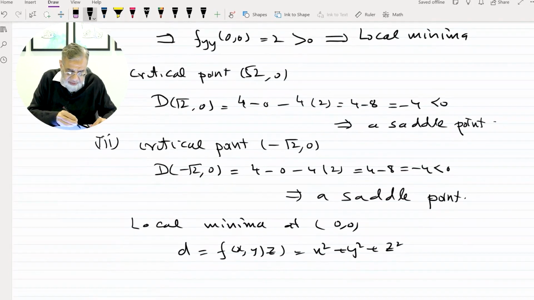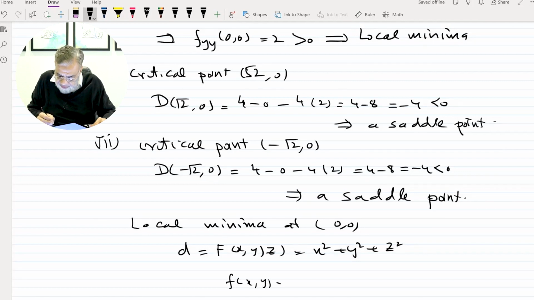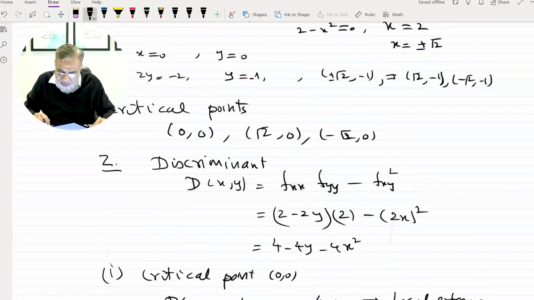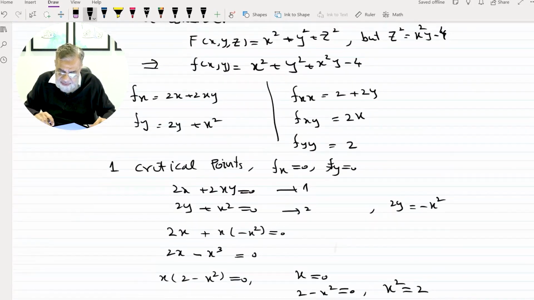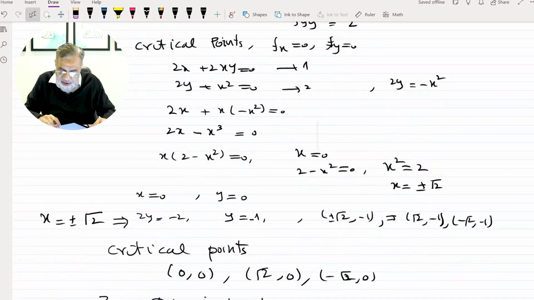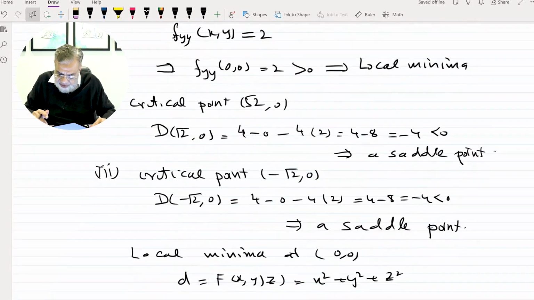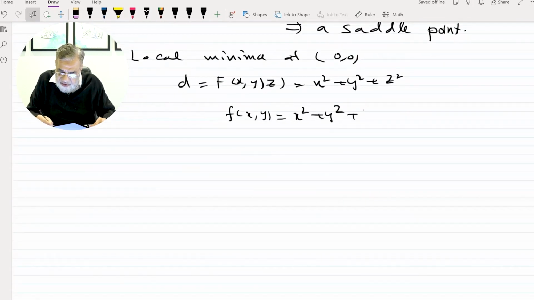Then when we rewrite our function as a function of x and y, it is equal to x square plus y square, and then we put the value of z square, which we were given as x square y minus 4. So we get x square plus y square plus x square y minus 4.